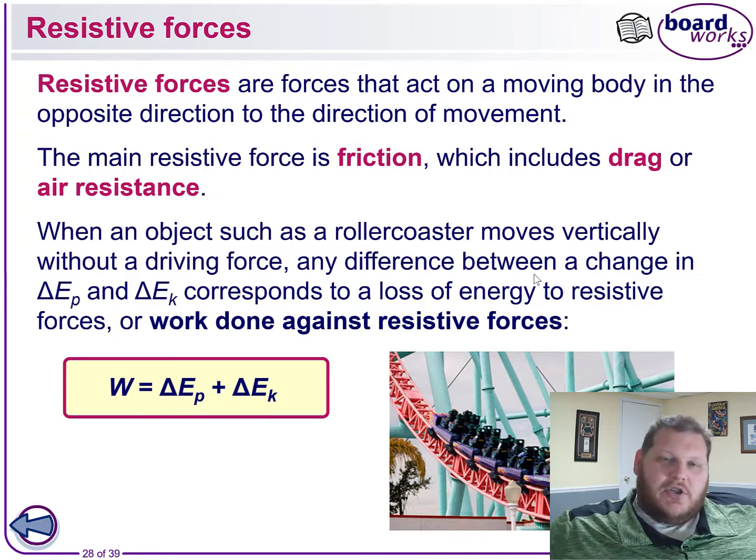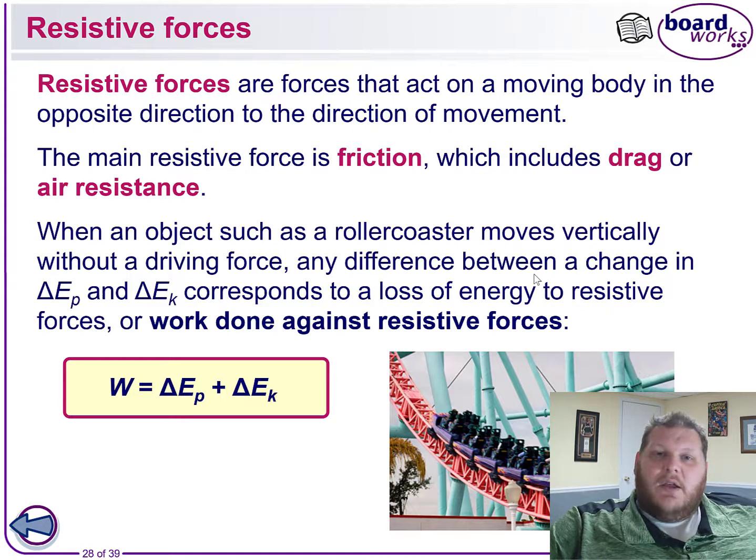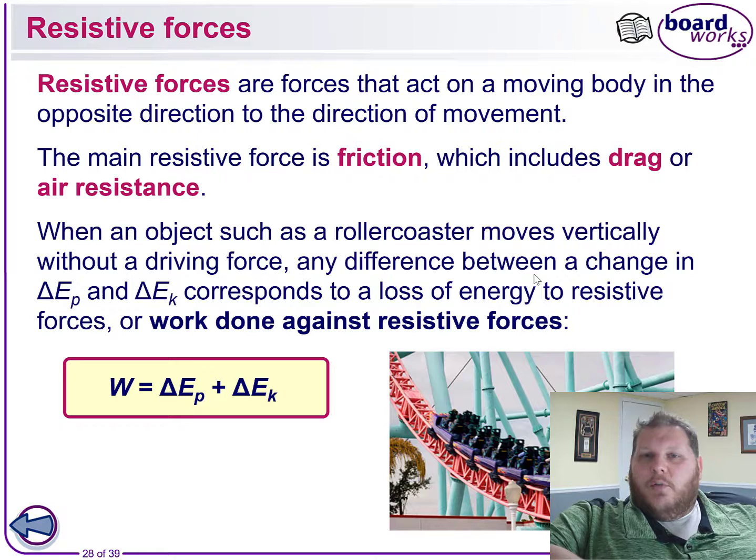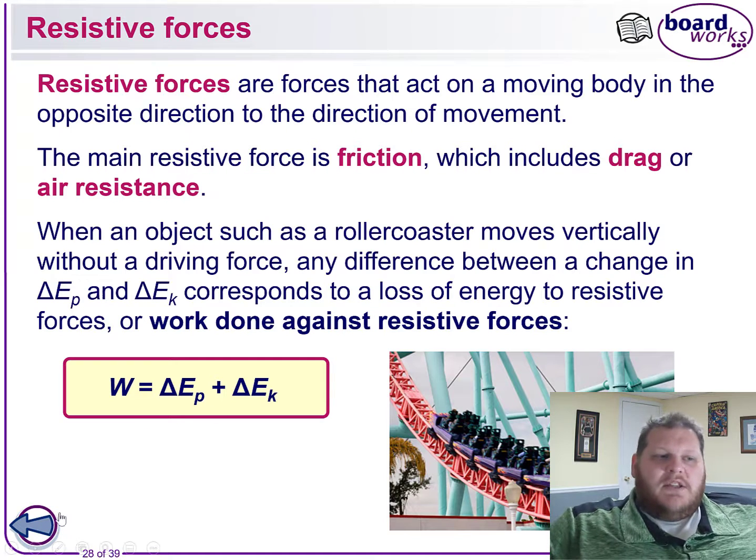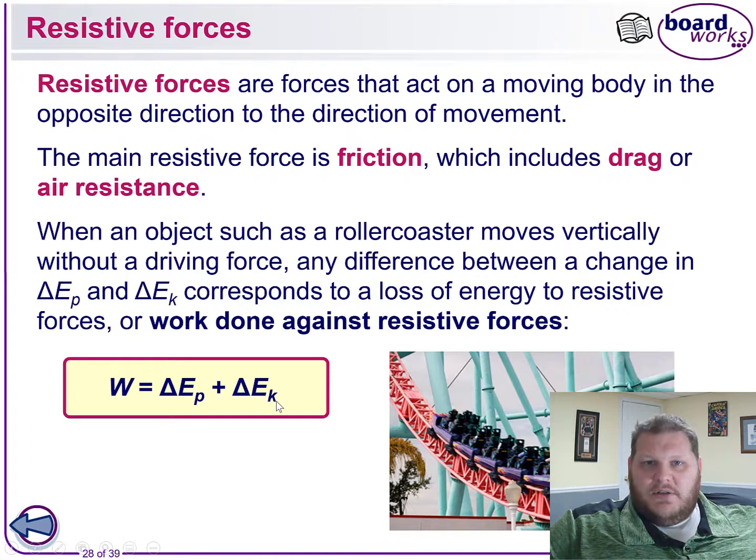If we have friction happening on our object, we would know that based on this formula here. So W here is work done against the resistive forces. Basically, this tells us how much resistive force is acting on it. Here, our change in potential energy plus our change in kinetic energy is how we would figure that out.